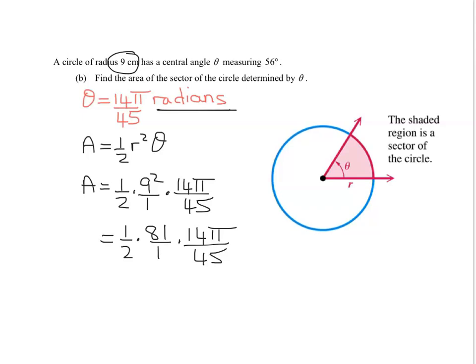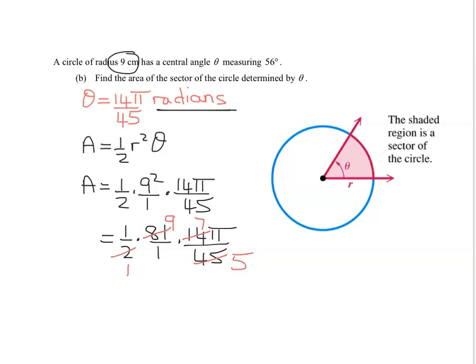So the last thing we have to look at: is there any number in the numerator which will reduce with any number in the denominator? 2 goes into here once, 2 goes into 14 7 times, and I think 9 goes into 81 9 times, 9 goes into 45 5 times.